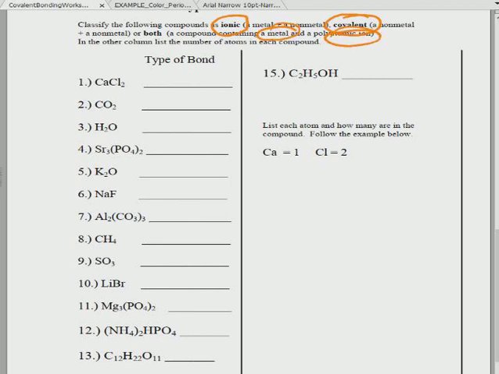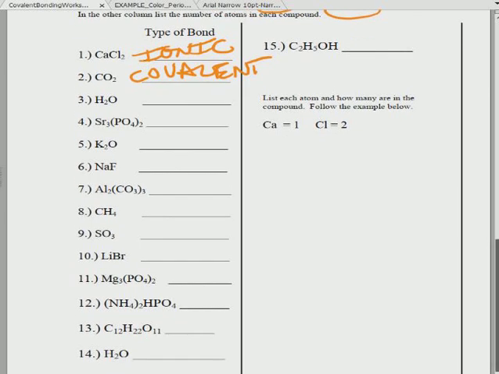For example, calcium is a metal and chlorine is a nonmetal, so that's an ionic bond. Carbon is a nonmetal, oxygen is a nonmetal, that is a covalent bond. That's how I want you to complete the rest of this sheet.